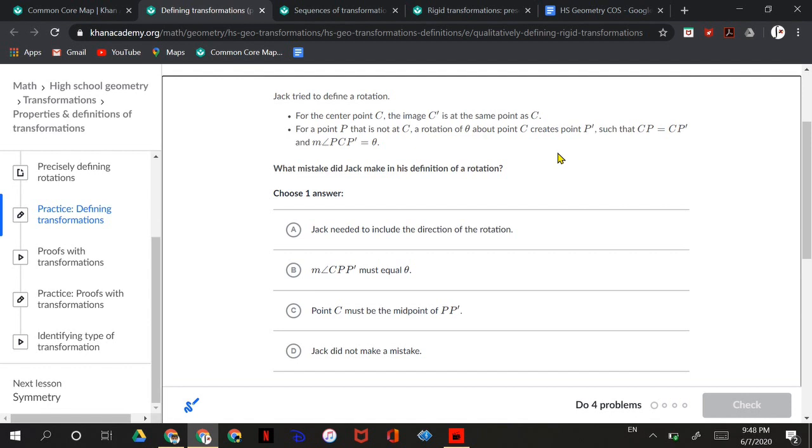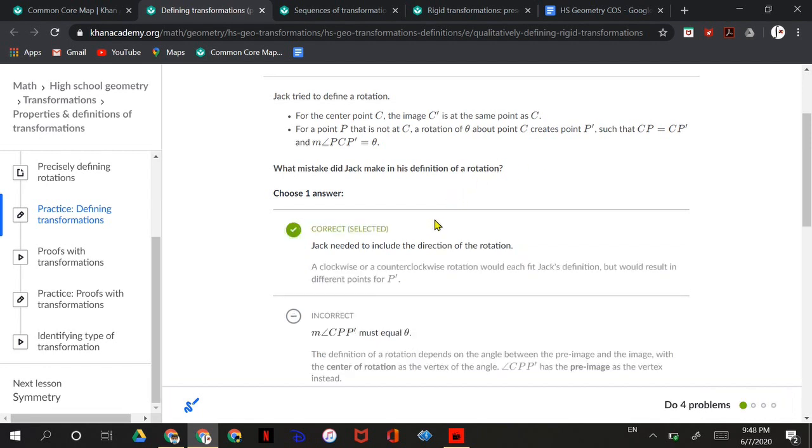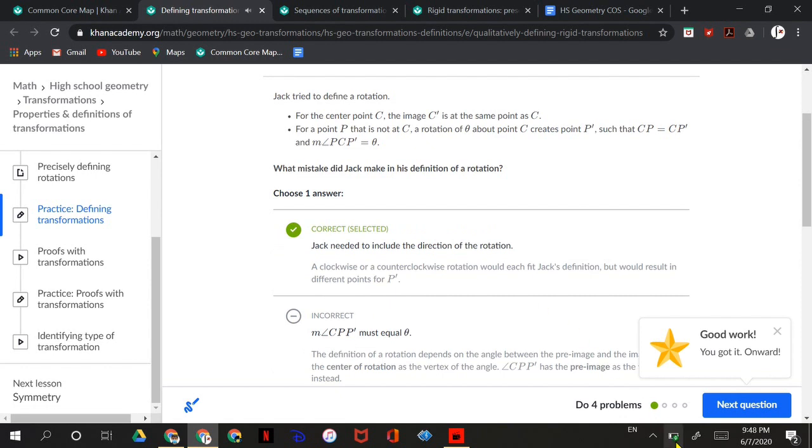The answer is A, because the one key detail that Jack forgot was the direction, clockwise or counterclockwise.